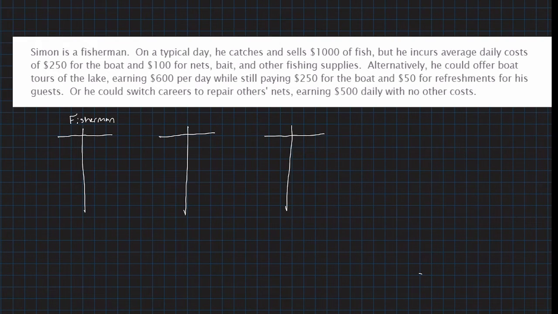His second option is he could do boat tours. And then finally, he could repair nets. Okay, so we'll do benefits, costs, benefits, costs, benefits, costs.